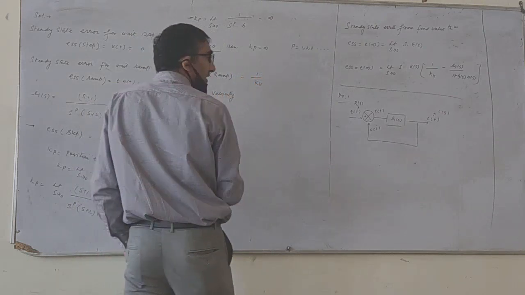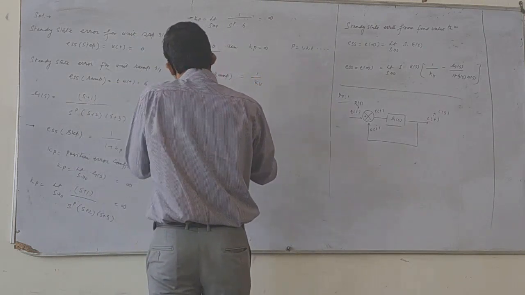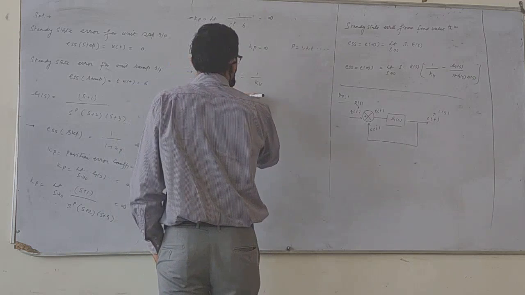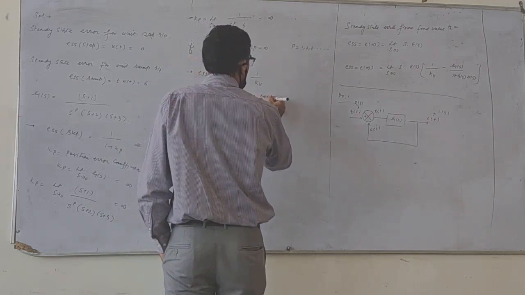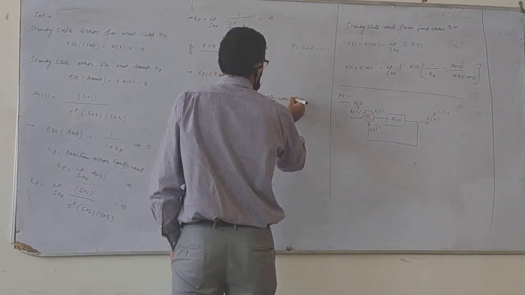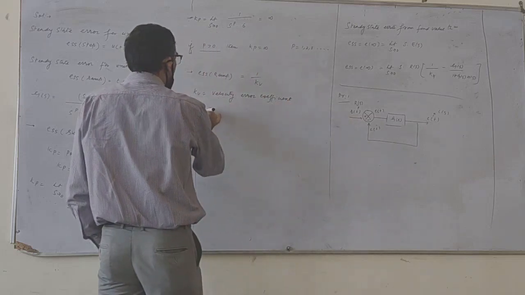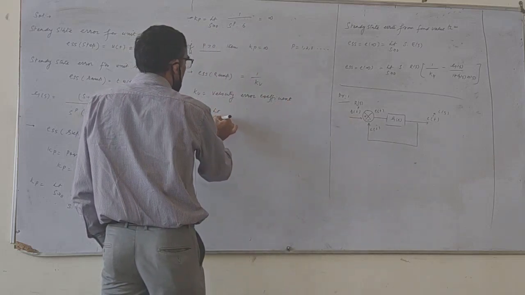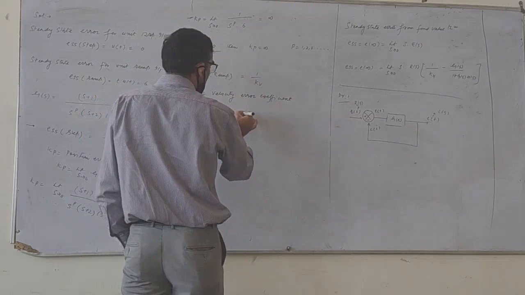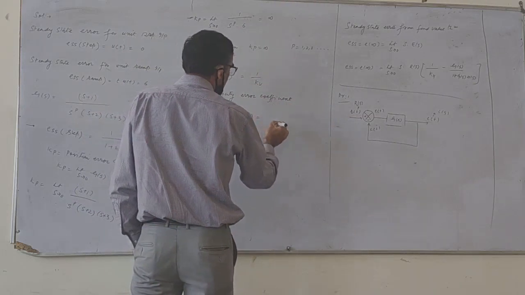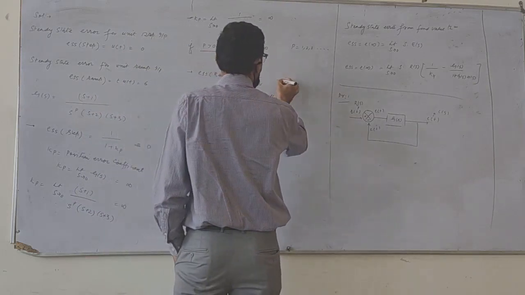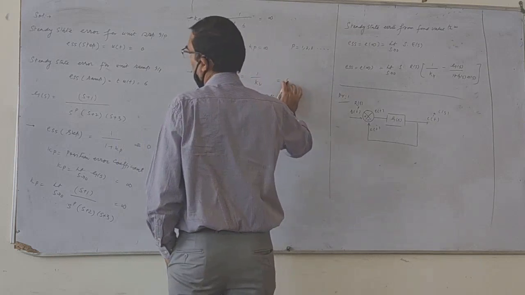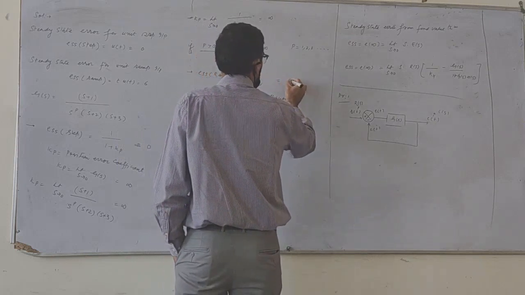Yesterday we clearly stated these things. So the velocity error coefficient is equal to what? Limit s tends to 0 of s g of s. That has been given, I think, equal to 6.